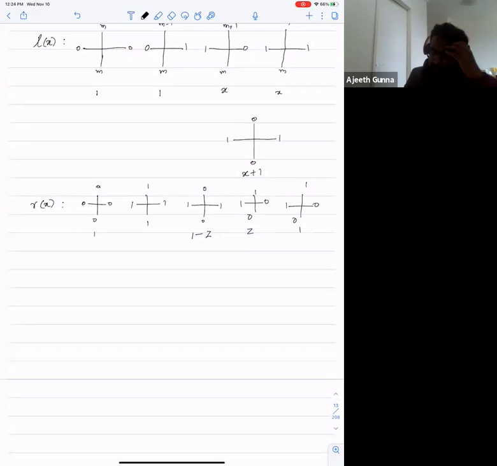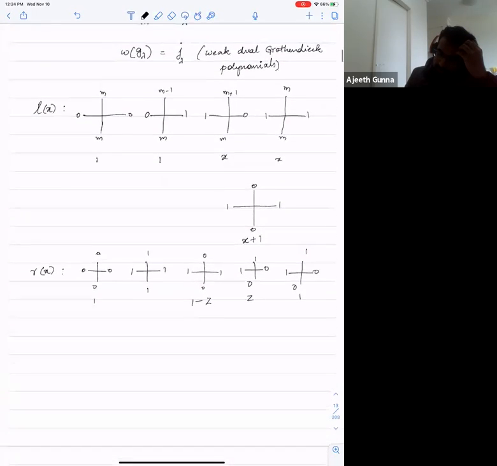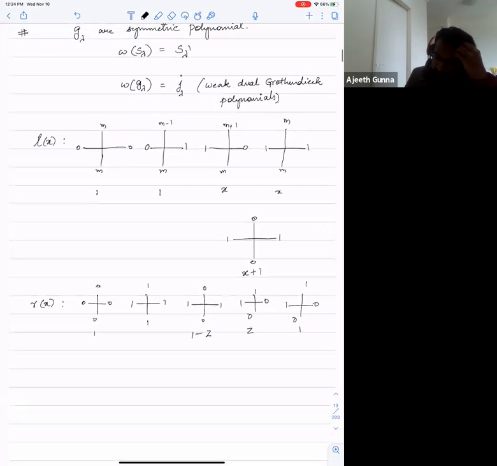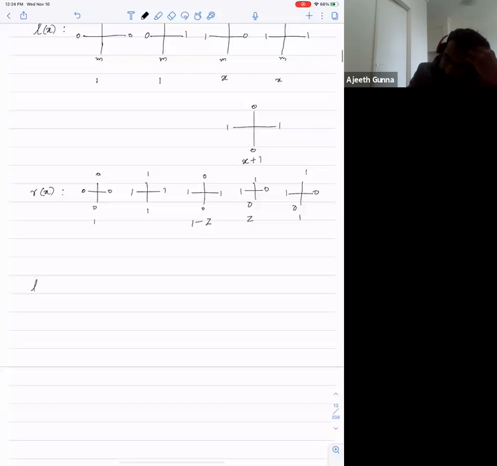Why am I talking about these? I wanted to show you an interesting relation. So let's build a transfer matrix for these polynomials. A transfer matrix is just one row made by concatenating lots of vertices, and the right boundary will be 0, and the left boundary is free.